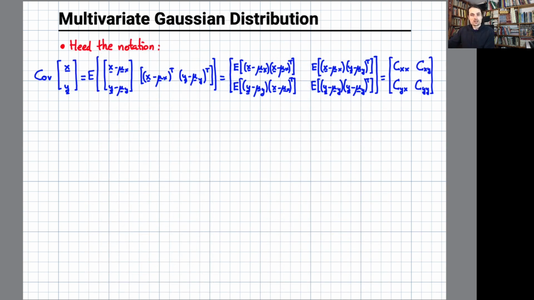Now that we are comfortable with two jointly Gaussian random variables, we can move on to the more general case with an arbitrary number of jointly Gaussian random variables. In this context, we will often use block notation to refer to parts of vectors and matrices, right?